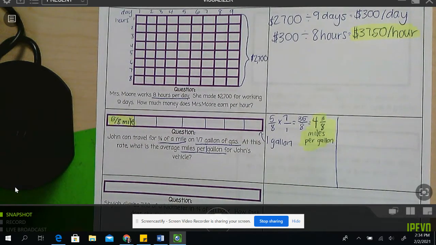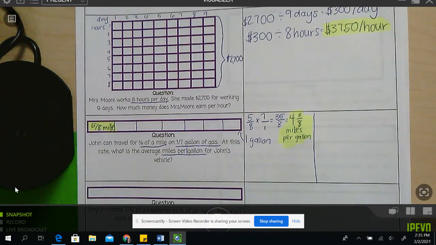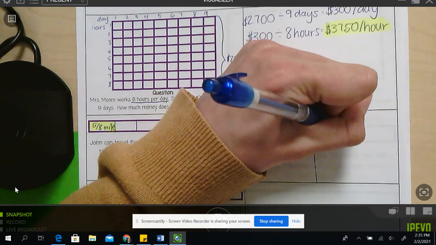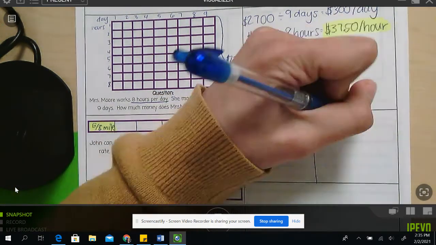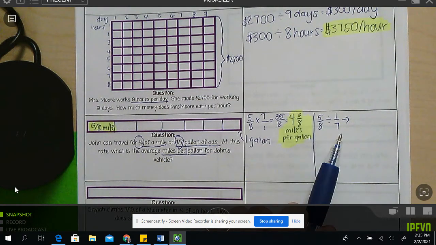Now, again, this is going to come in handy later, but another way we could think about it is that would be the same as doing 5/8 divided by 1/7, right? We had 5/8 and 1/7. And our algorithm for dividing fractions is keep, change, flip.